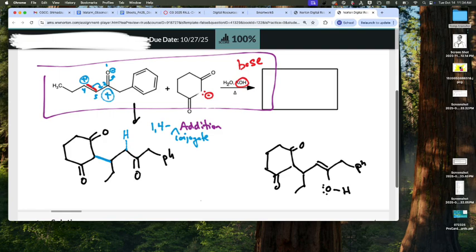That's the true 1,4 addition product. What happens to this product? Why is that not the product we actually drew? It has to do with that functional group. That functional group is an enol, and enols quickly tautomerize.